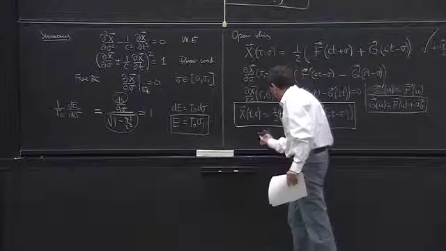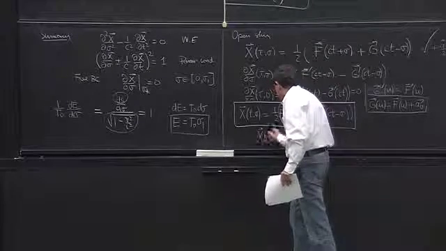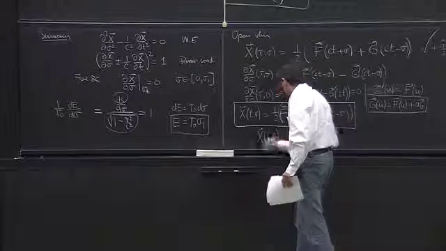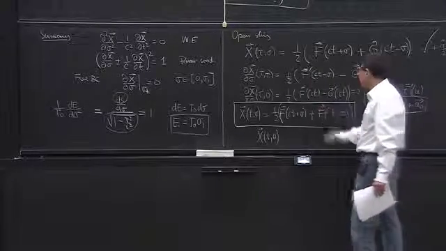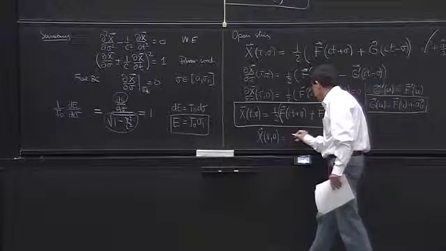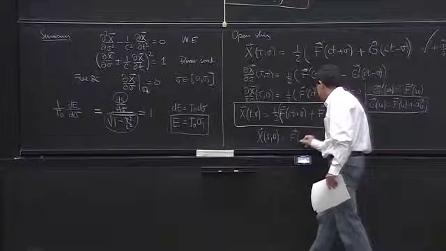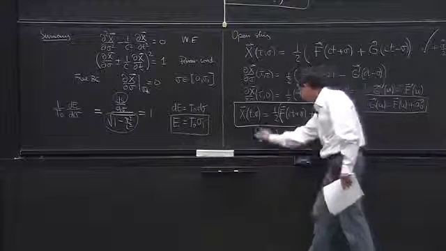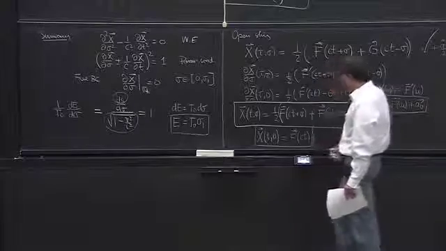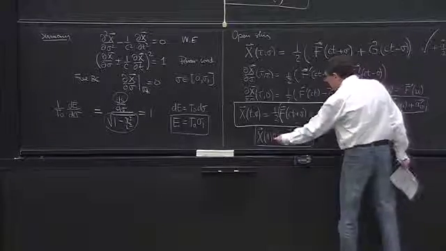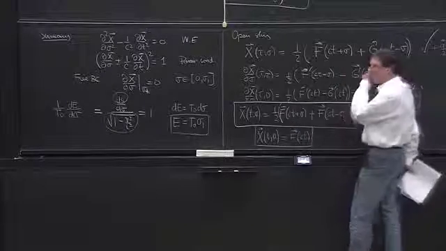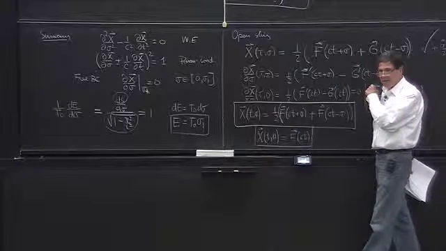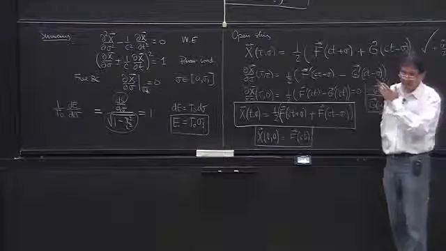Imagine that you look at x of t at 0, one endpoint. What is it equal to? The sigma and sigma vanish. So this is in fact f of ct. So if you know what the endpoint is doing, you know the function f, and then you can reconstruct the whole solution. That's a nice thing.